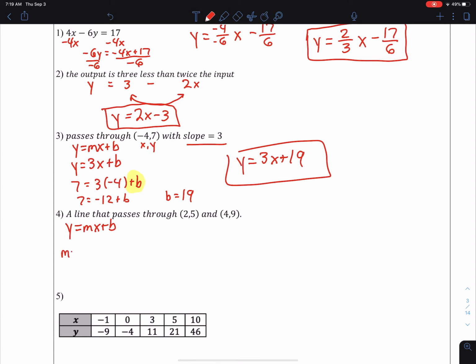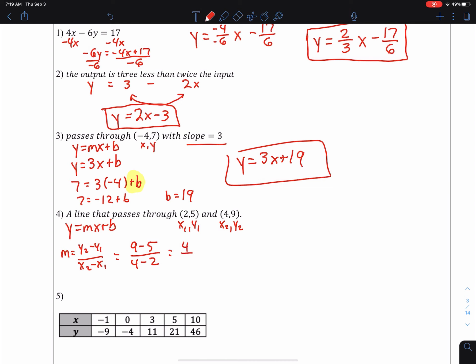m equals y2 minus y1 over x2 minus x1. I'm going to label this x1, y1, x2, y2. I just don't want to make any mistakes where I incorrectly plug in. So that would be 9 minus 5, and then x2 is 4, x1 is 2.